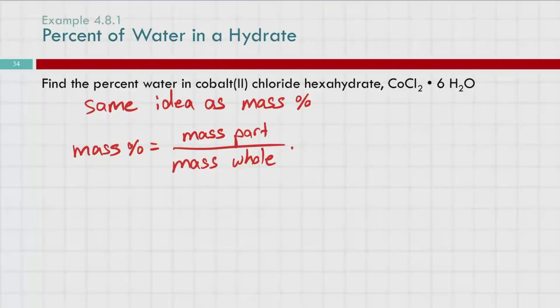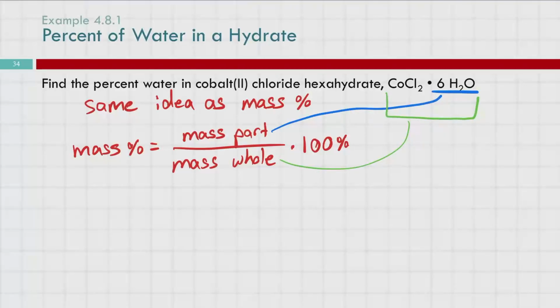Because it's a percent, we multiply by 100%. In this case, the part that we care about is the water, and then the whole thing, of course, is the whole thing. We can pretend like we've got 1 mole of the compound, and then that conveniently turns our molar mass into our mass.